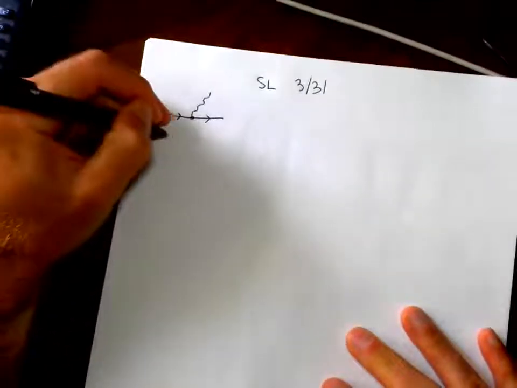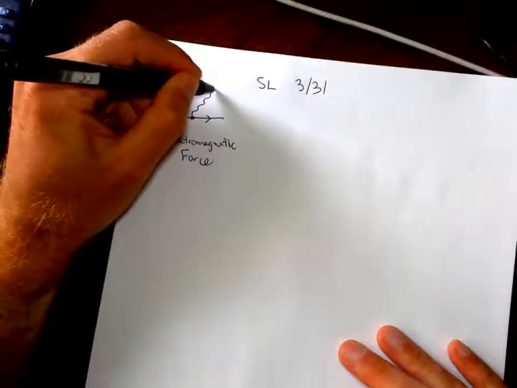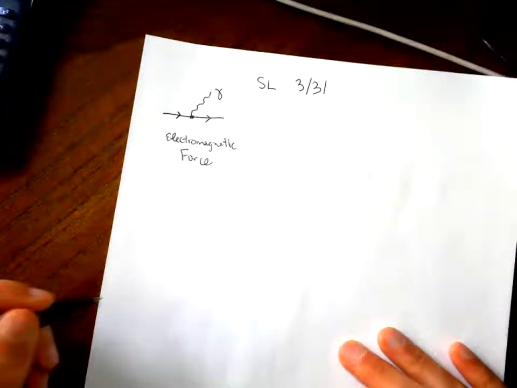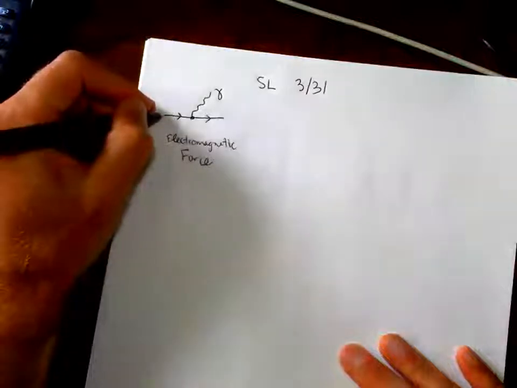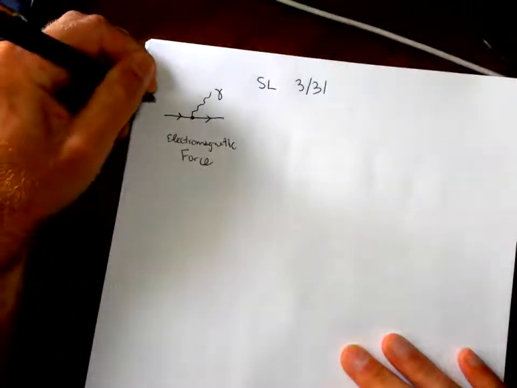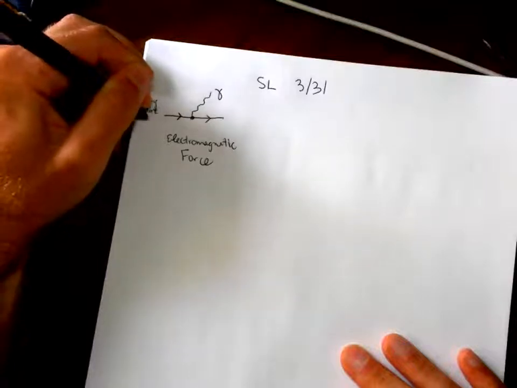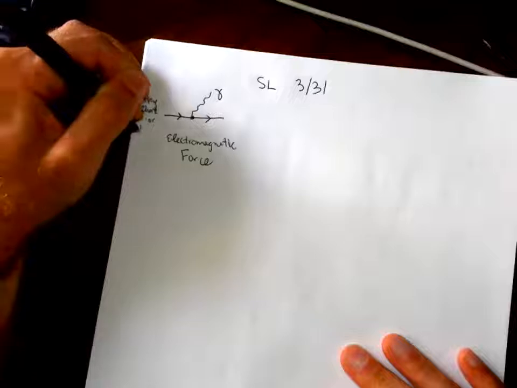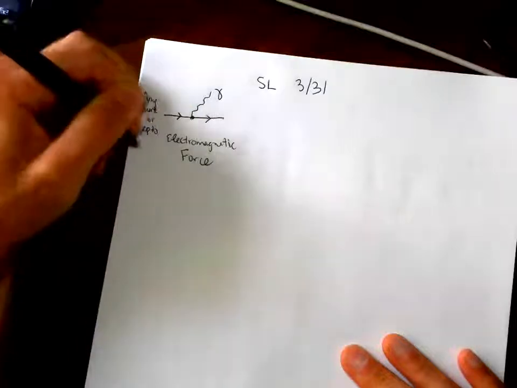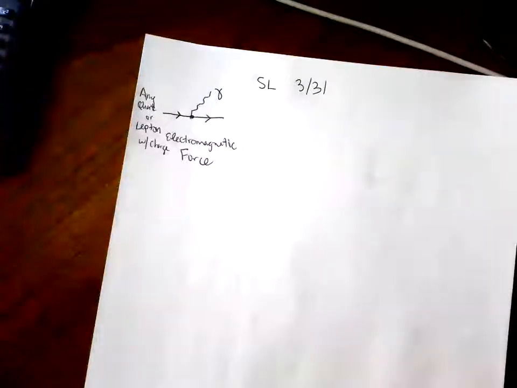For the case of the electron, the force carrier is a photon, a gamma. And then this arrow could be any quark or lepton with charge. All of the quarks and leptons.